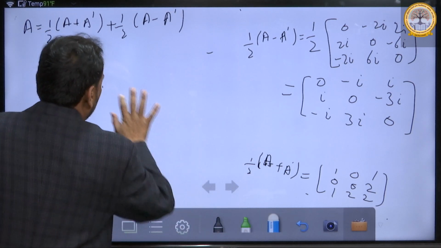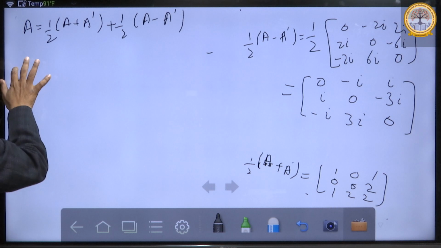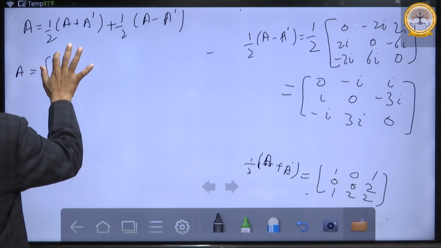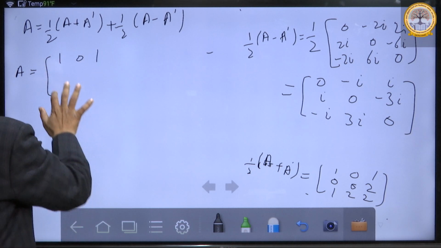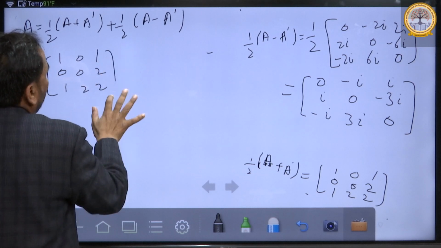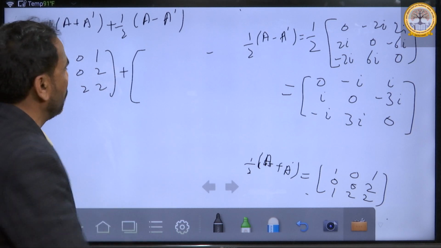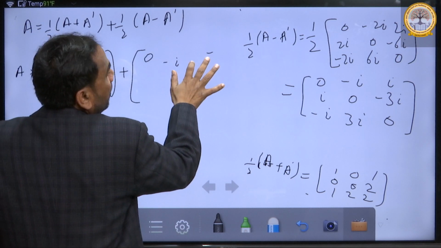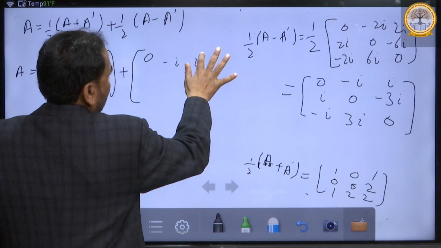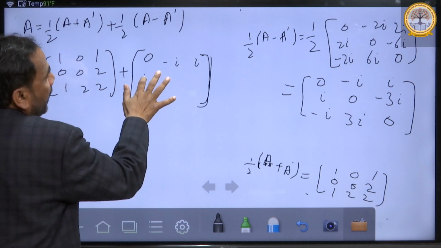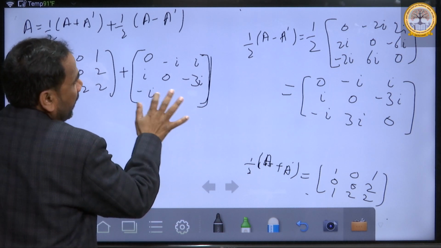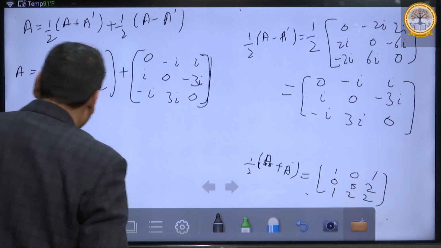So we have A equal to [[1, 0, 1], [0, 0, 2], [1, 2, 2]] plus [[0, -i, i], [i, 0, -3i], [-i, 3i, 0]].